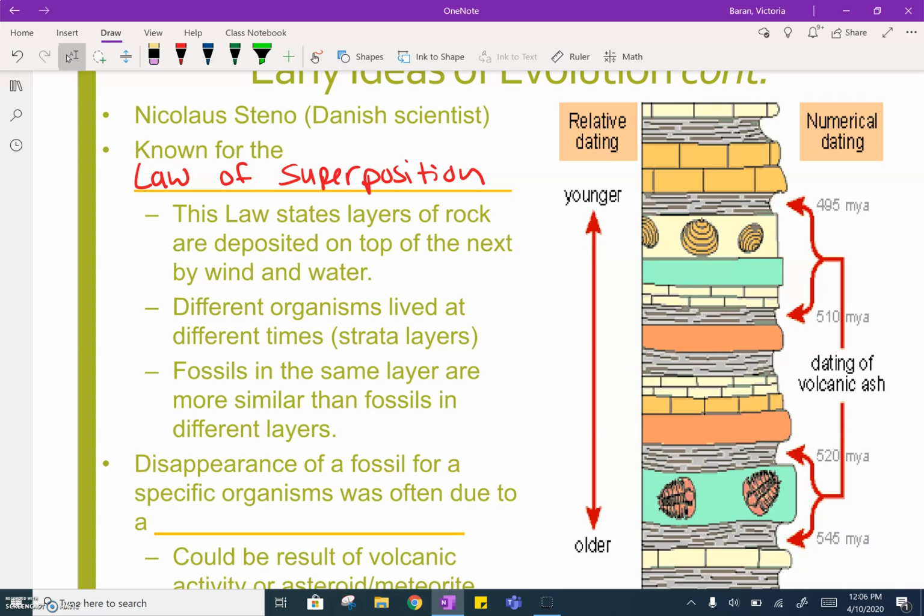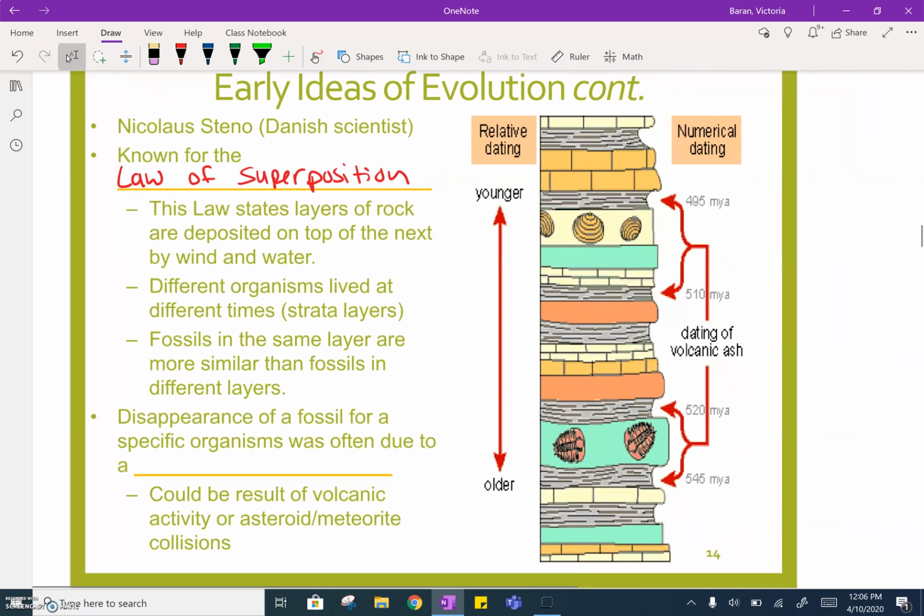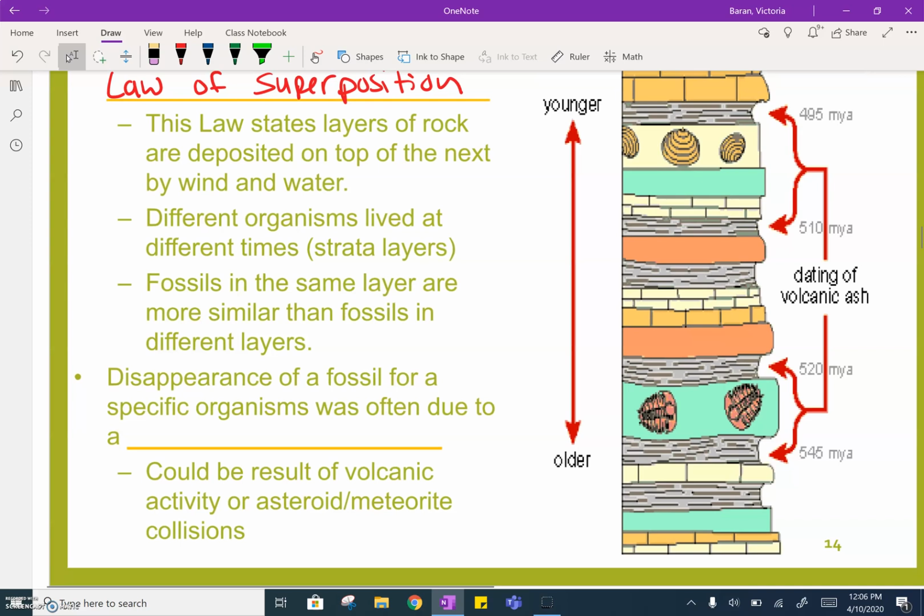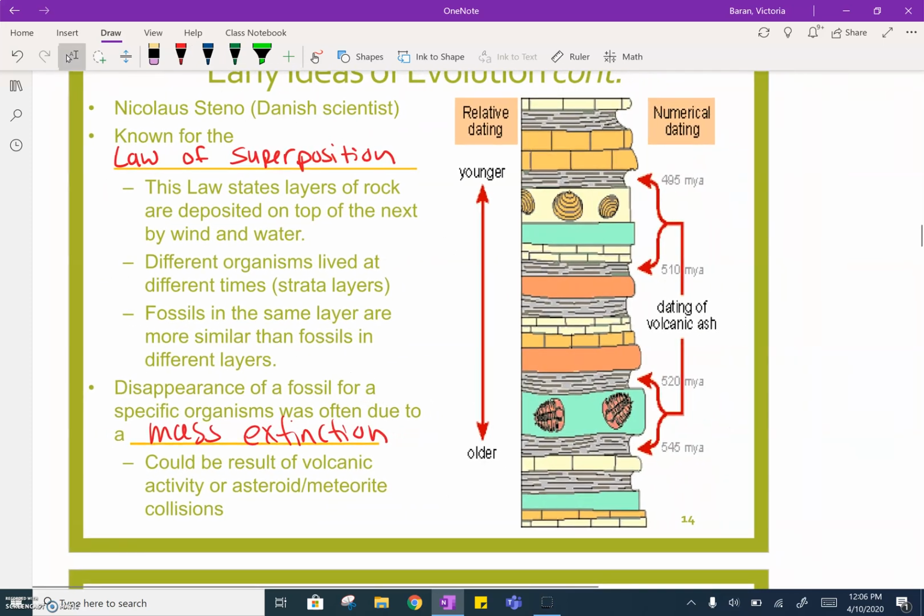And the disappearance of a fossil for a particular organism was often due to a mass extinction, as we just talked about with Cuvier. So again, this could be due to volcano, flood, earthquake. Most of you are probably thinking of the dinosaurs, for instance.